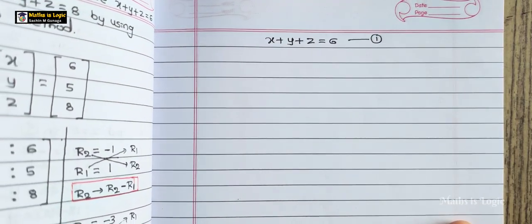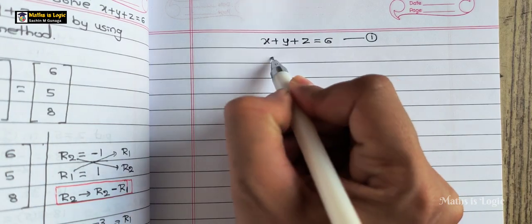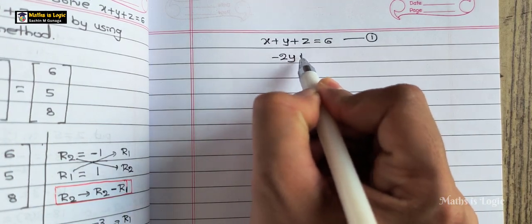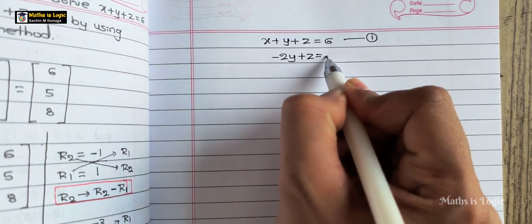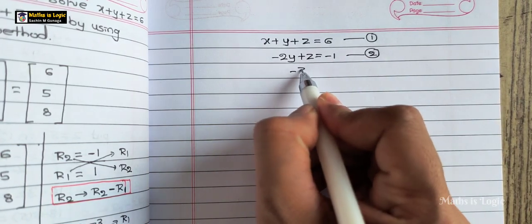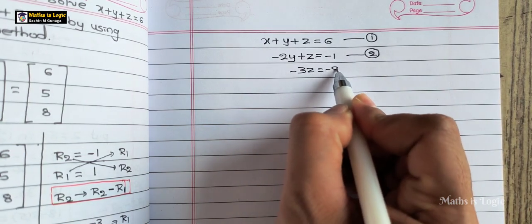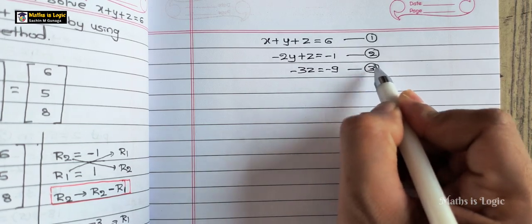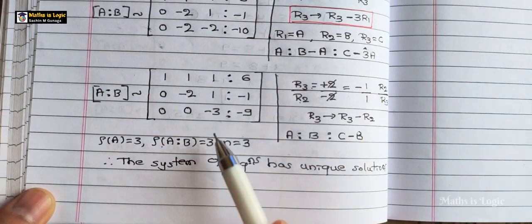Minus 2y plus z is equals to minus 1. Call this as 2. And last one, minus 3z is equals to minus 9. Call this as 3. Correct?